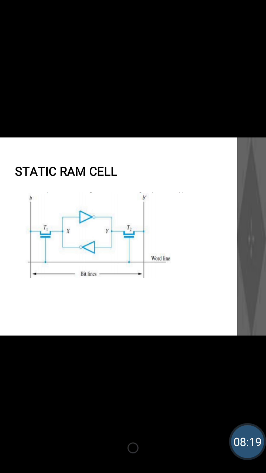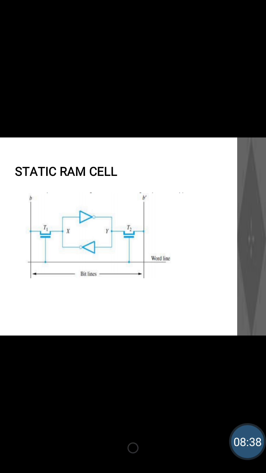So the 2 transistors act as switches, that is they can be opened or closed under the control of the word line. If I activate the word line, if this word line is made 1, input to the transistor will be high, that is why the 2 transistors T1 and T2 turn on.